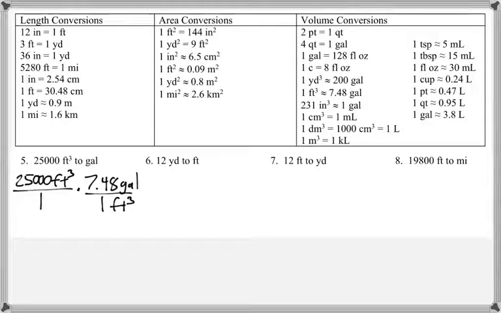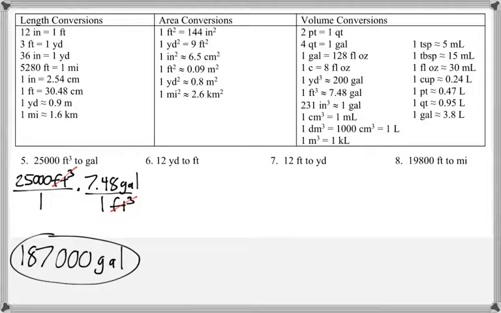So the cubic feet will cancel out, and I just need to type 25,000 times 7.48, and you can divide by 1 if you want to, and you'll get 187,000, and this is gallons.